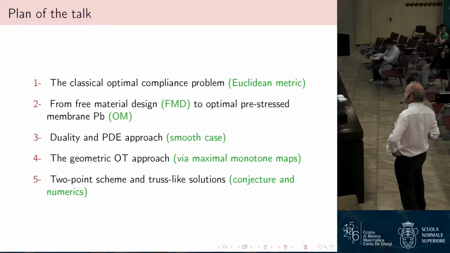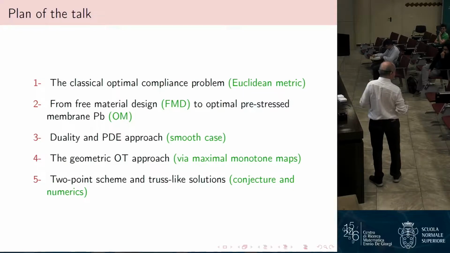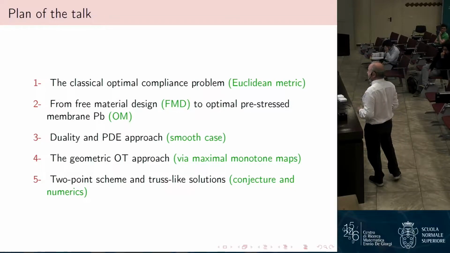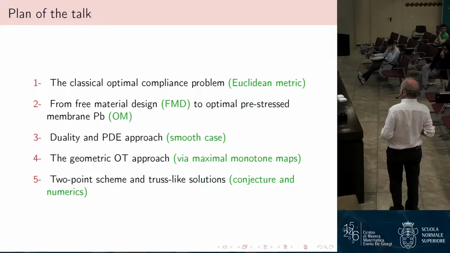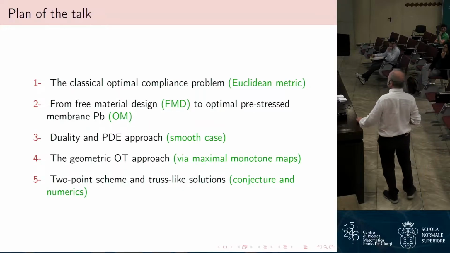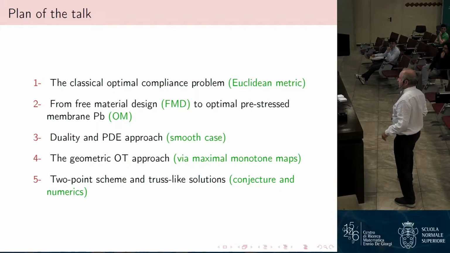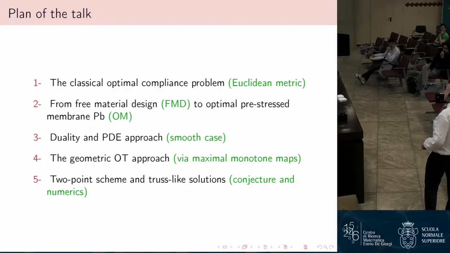Then, in order to relax this duality framework, which is not completely achieved because there is no existence, we use a new approach via maximal monotone maps, and we optimize among maximal monotone maps in order to find the good metric of the problem. And then I will show numerics, which are not based on optimal transport, but on a two-point scheme.